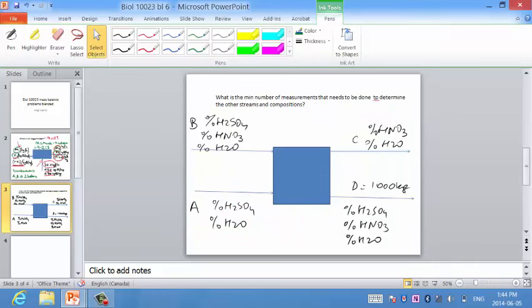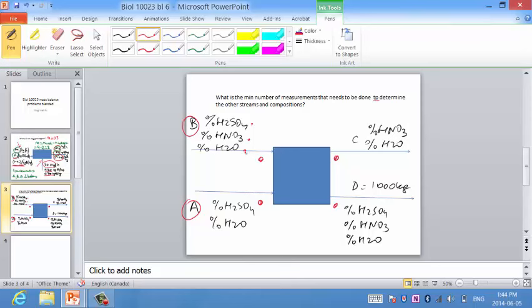In the next problem, we have a process flow diagram with 2 input streams going into the process. This is input 1, input 2, and 2 output streams, 3 and 4. We have components A and B going into the process, with the composition of sulfuric acid, nitric acid, and water.